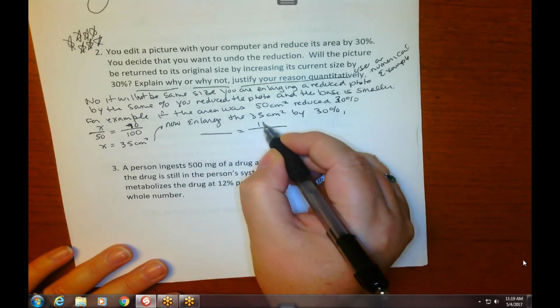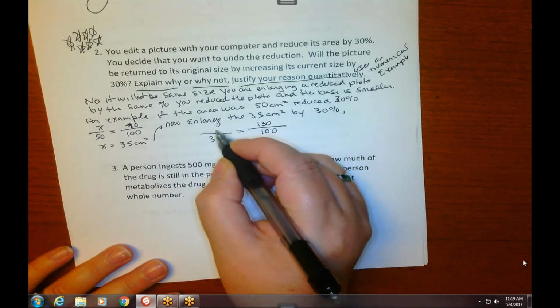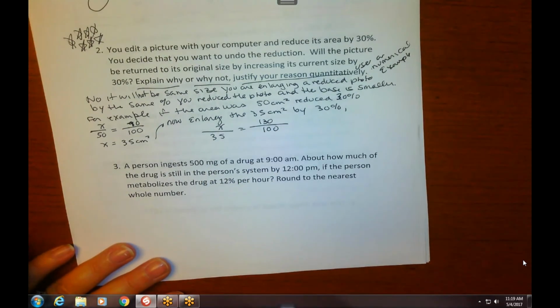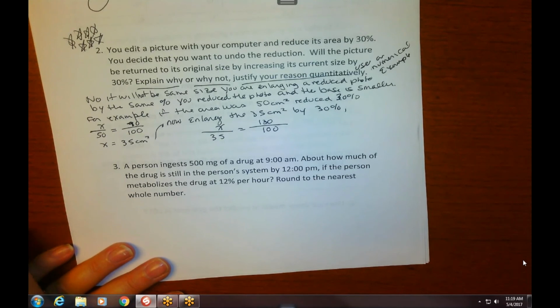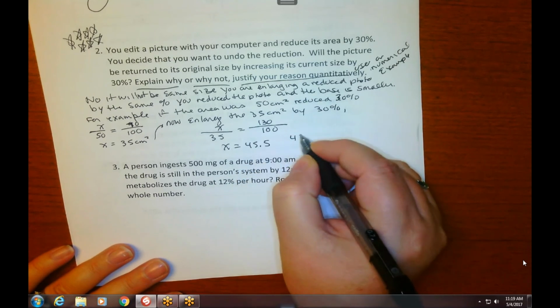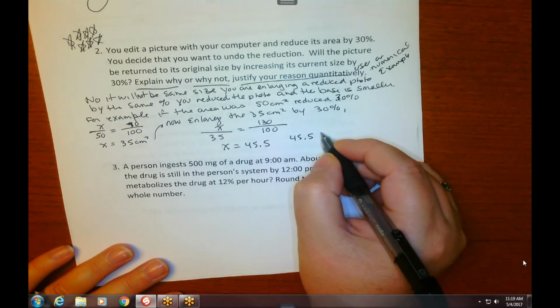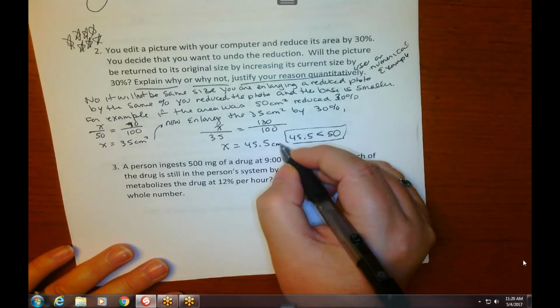So we have 130% of 35, which is 45.5. That is less than 50.